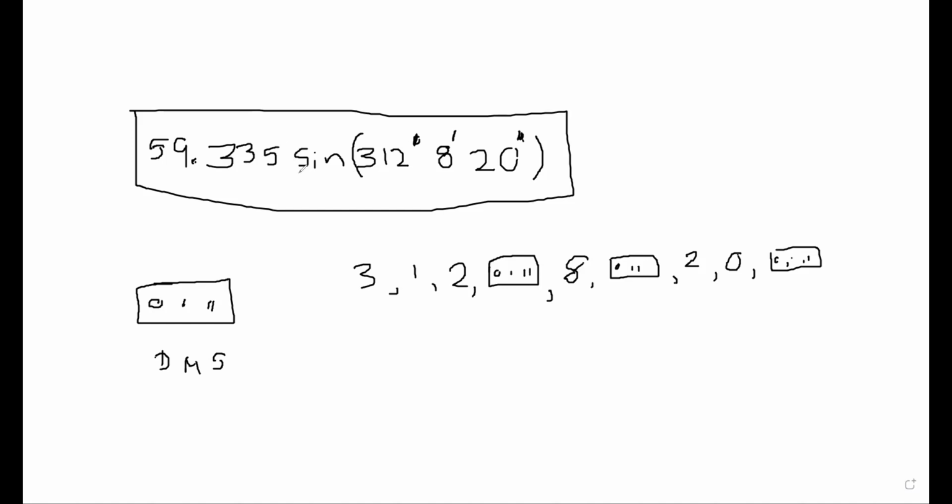The bracket doesn't matter, and the multiplication is not necessary. If you need, you can put this one, or you can open a bracket over there also. But when you put sine, automatically in some calculators the bracket would be open. Then you can type the angle and close.